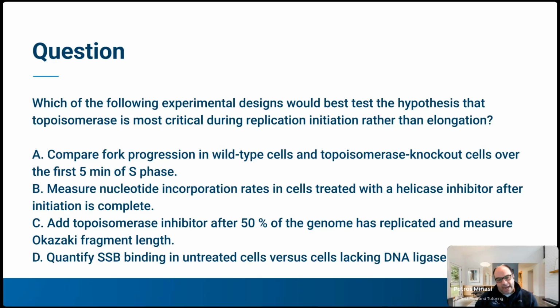Measure the nucleotide incorporation rates in cells treated with helicase inhibitor after initiation is complete. So helicase inhibition confounds the specific role of topoisomerase, but it's not the thing that you would want to be testing to prove this hypothesis that topoisomerase is the most critical during replication initiation rather than in the elongation.